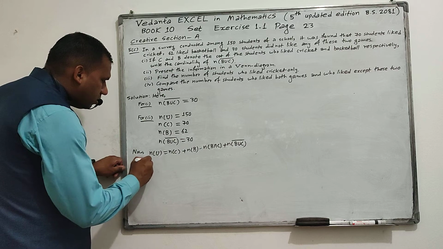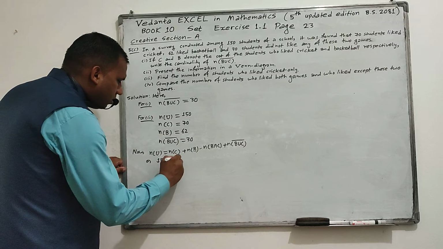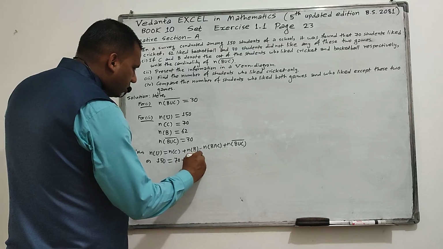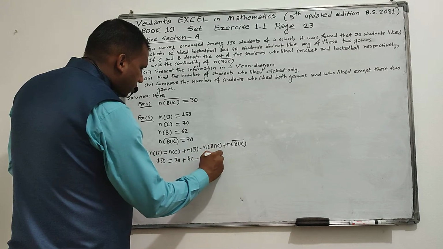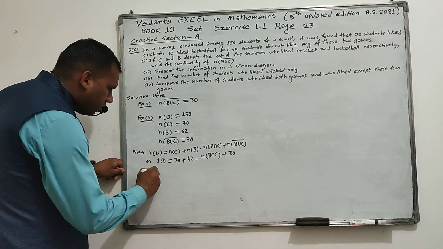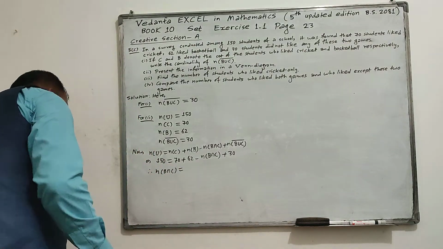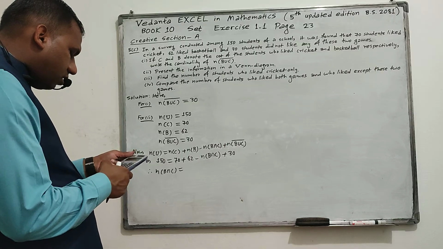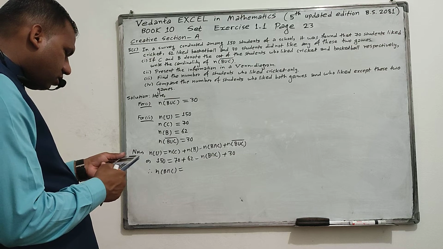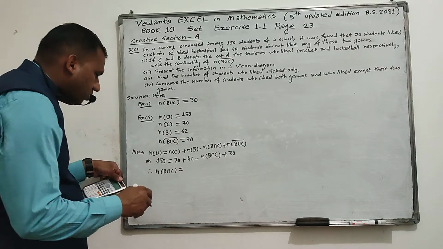Or 150 equals 70 plus 62 minus n(B intersection C) plus 30. Therefore, n(B intersection C) equals 70 plus 62 plus 30 minus 150, that is 12.